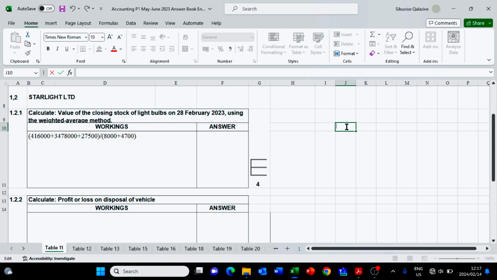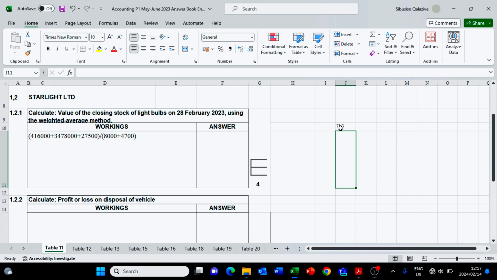So we are going to say equals to, in brackets, 416,000 plus 3,478,000 plus 27,500, close brackets, divide, open brackets, 8,000 plus 47,000, which is going to give us the amount of rands that we should use to times the units.